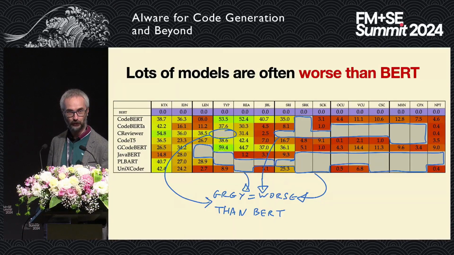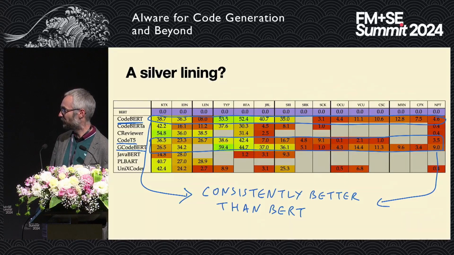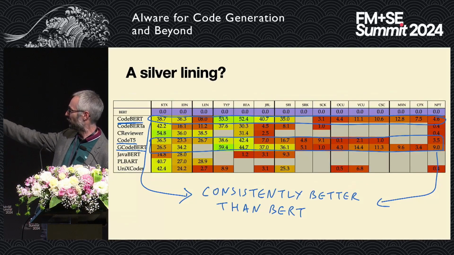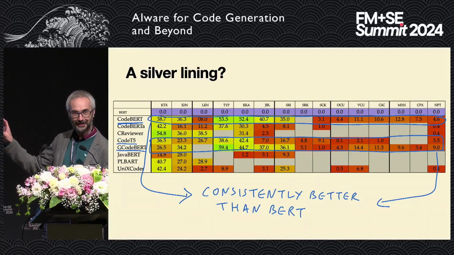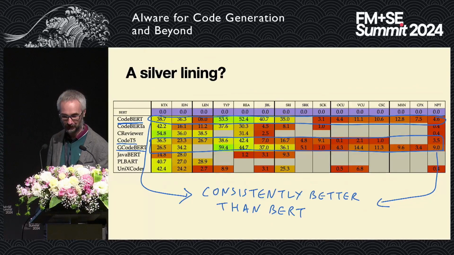So there are lots of models that are supposed to be trained on source code that on a lot of tasks are performing worse than BERT. There are some silver linings. Some models are almost, but not always, doing better than BERT. Sometimes not by much. Some of the numbers here are very, very low. They really crawl past BERT and go a couple of inches farther and that's it.